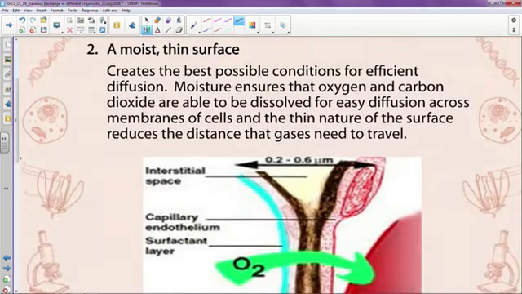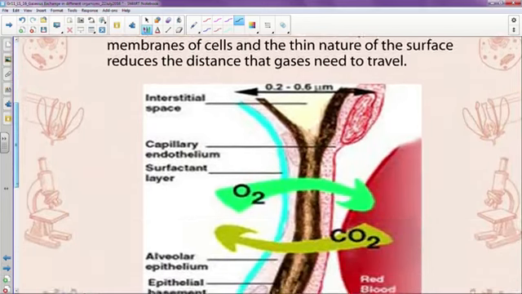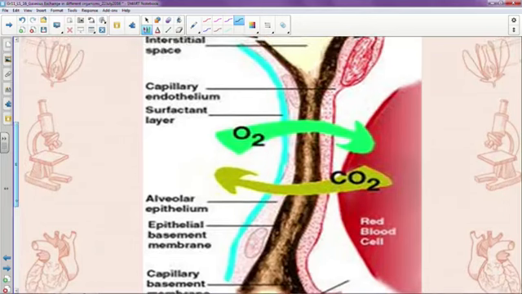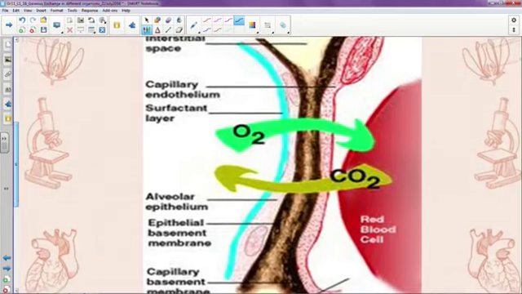We also discussed that it needs to be moist and thin, and here we can see a section of a capillary being very close to a blood cell, and here you see a thin membrane that is present between the blood cells and the alveoli. So this is the alveoli that we're looking at in here. I'm going to highlight this area here.